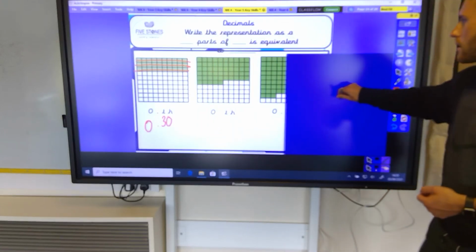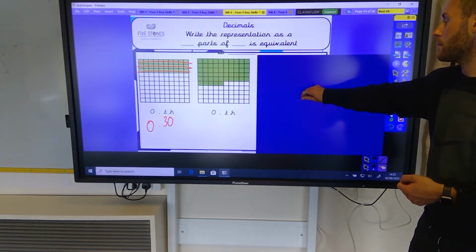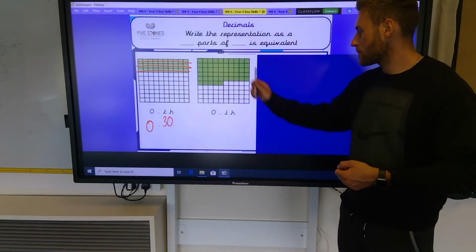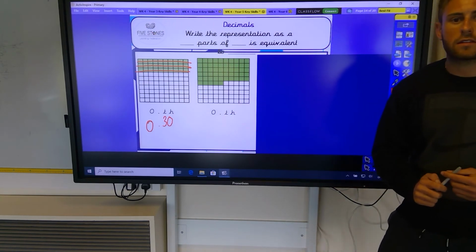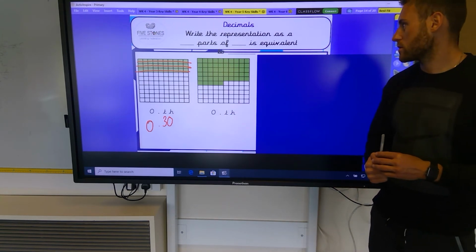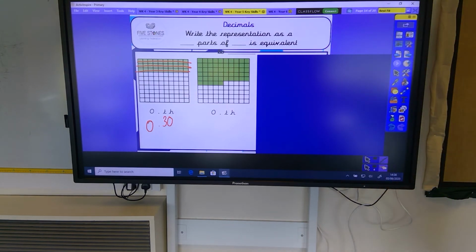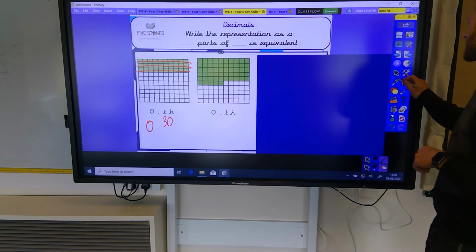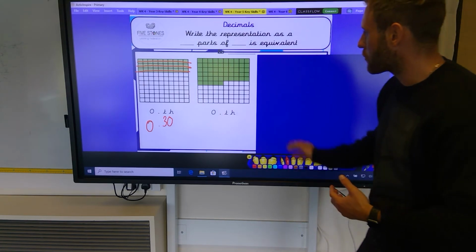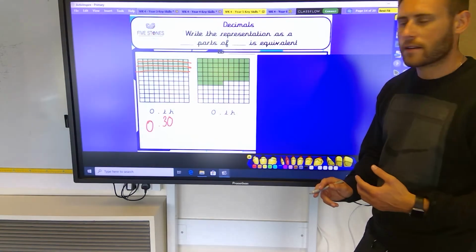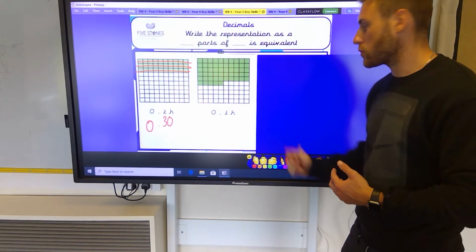Can you write this fraction here, this representation here, into its tenths and hundredths and its ones? Off you go. Great, how many hundredths can we see out of the 100 squares that we provided? Yes, 55 of those have been coloured in.